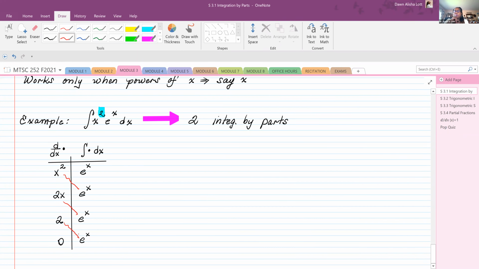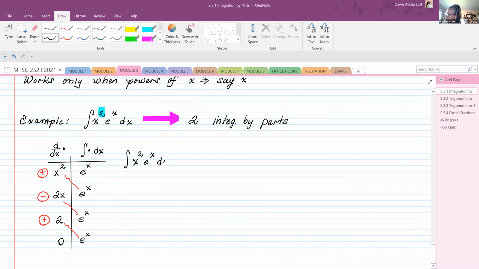Okay. And the last thing is the first product is going to be positive. The second product will be negative. The third product will be positive, and I don't have to go any further because I have 0. So now I get that the integral of x squared e to the x dx is equal to, the first one is x squared times e to the x.